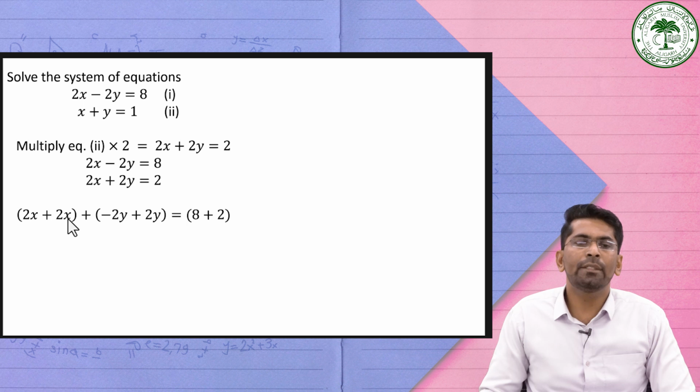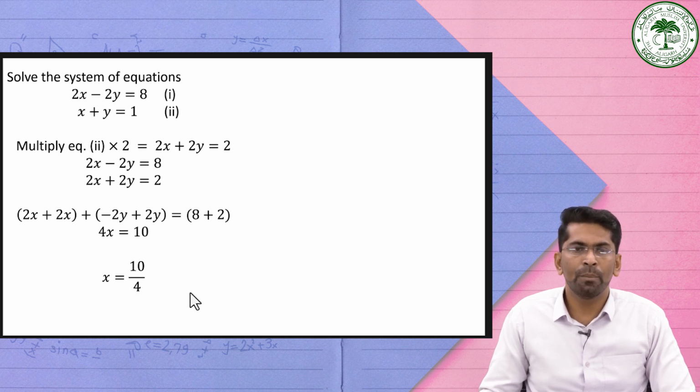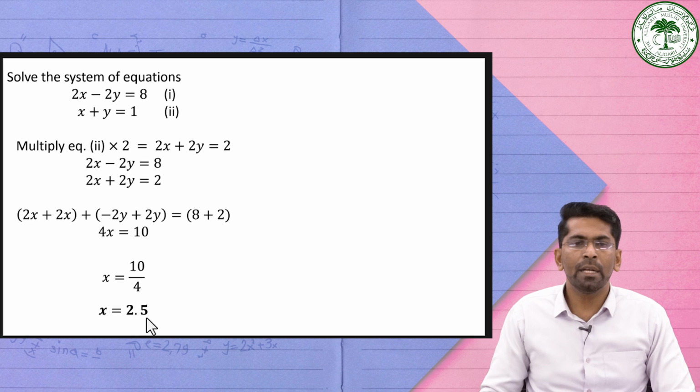Here 2x plus 2x will become 4x, then minus 2y plus 2y will be cancelled out, then 8 plus 2 is equal to 10. So 4x is equal to 10. So x is equal to, dividing both sides of the equation by 4, 10 divided by 4, which is 2.5. So the value of x calculated here is 2.5.